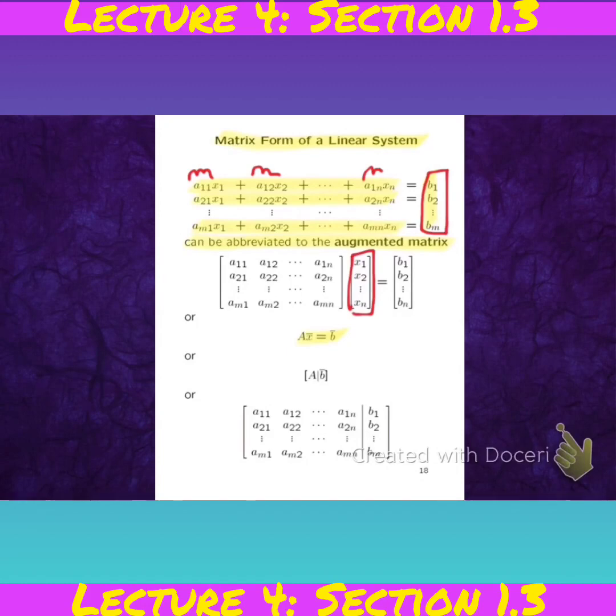So the coefficients of the first linear equation are going to form your first row. The coefficients from the second equation form my second row, up until the mth row. So that's just a different way of writing a linear system. That's the augmented matrix form that we're already familiar with, which is basically just this form here. So please just take note of that.